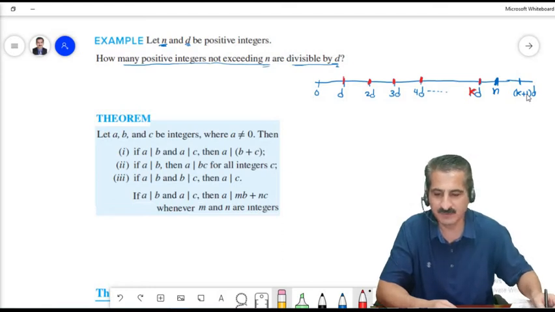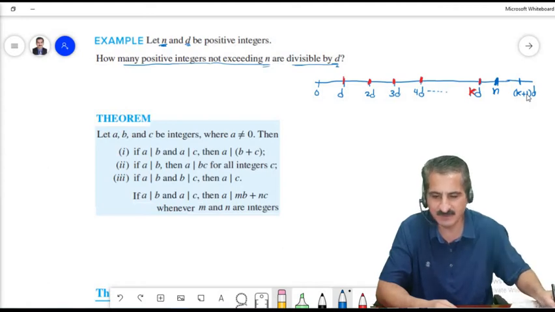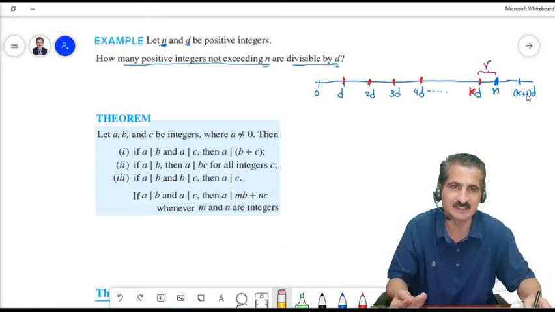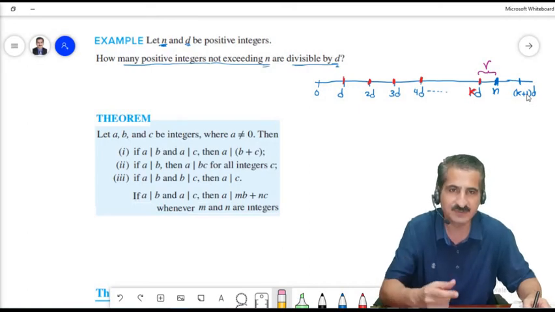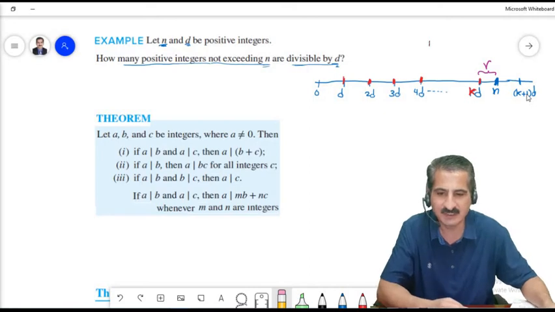So the idea here is, what if we divide? Let me do something interesting. Let me call this distance r, and this distance is less than d, because one more jump of d takes us after n. So the distance between n and kd is some r, and it might be 0, but indeed it must be less than d.